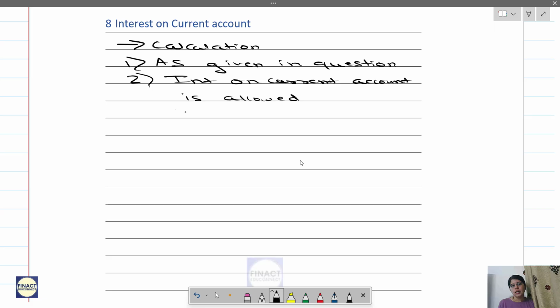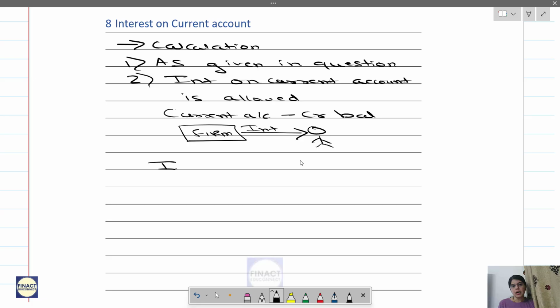Allowed means what? In this case the current account has a credit balance, same as what you did in the capital account, and interest will be given by the firm to the partner. Second, sometimes if the current account has a debit balance, then interest on current account is charged.